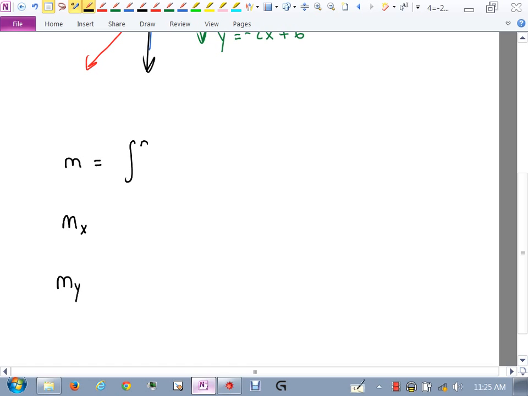Double integral, 0 to 2, x to negative 2x plus 6 of what? Density function, which was x squared here, right? So x squared dy dx. Okay, good. It's dy dx because it was a type 1.